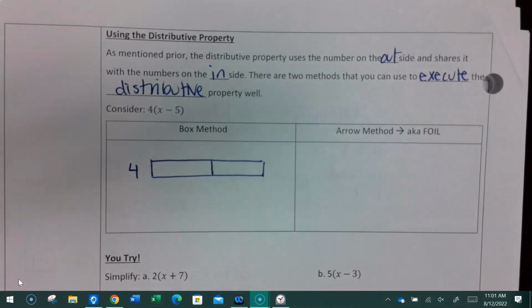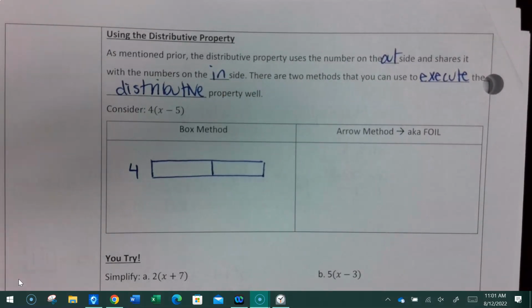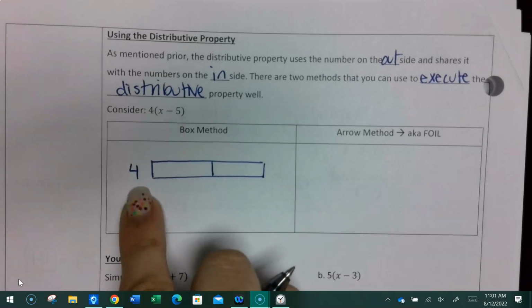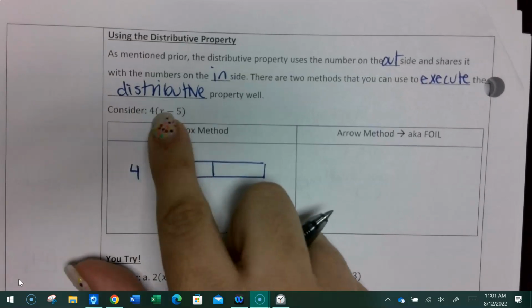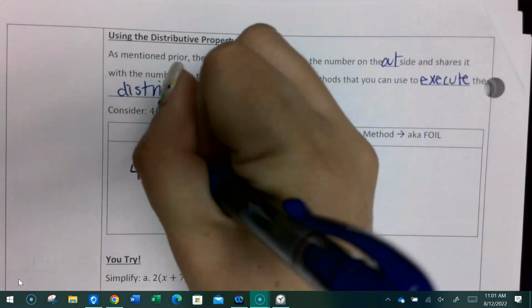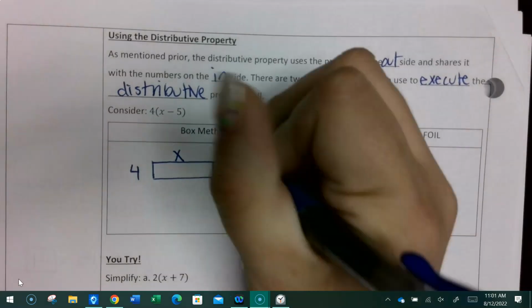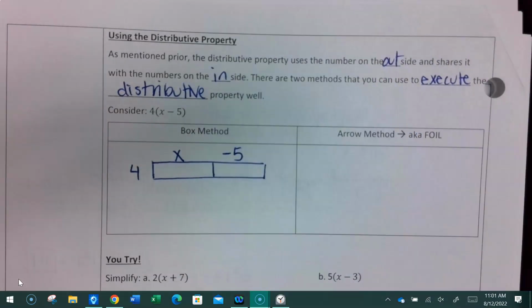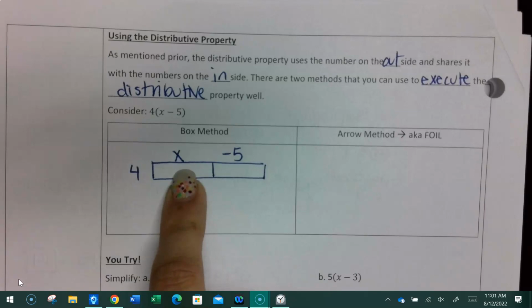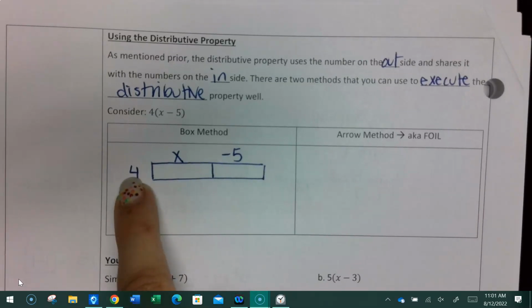So for the box method, what I want to do is I am going to write the 4 on the outside, on the left side. And then I'm going to write each of my terms from inside the parentheses above each box. So my first term is x, and my second term is negative 5. Okay. Then in each box, I'm going to take the row, which is 4, and multiply by my column.